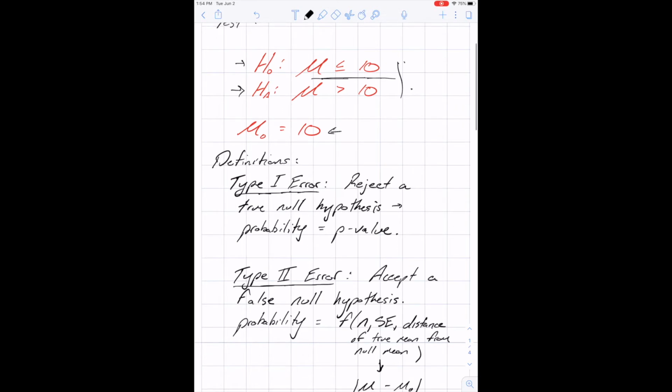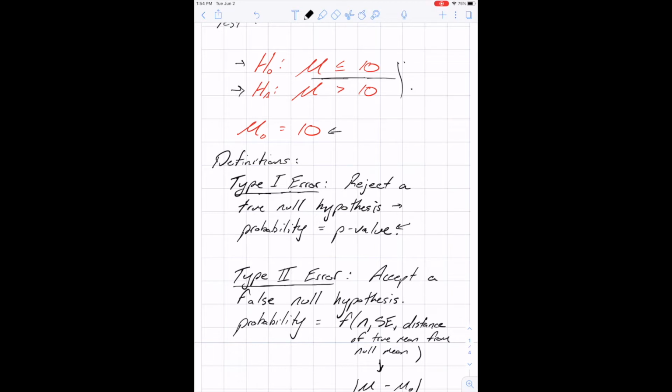The probability of this occurring is actually the p-value. So that comes out of our data analysis. We find the p-value and we use that. And in fact, that's how we decide. We say we get a p-value of 2%, which is less than an alpha of 5%.